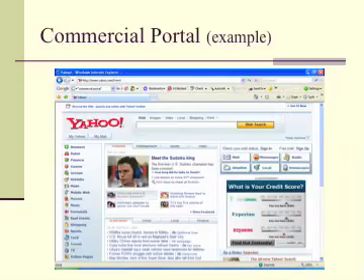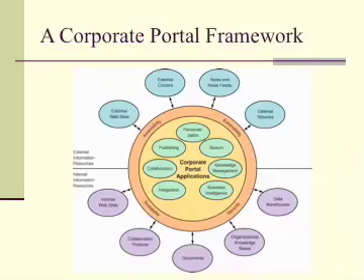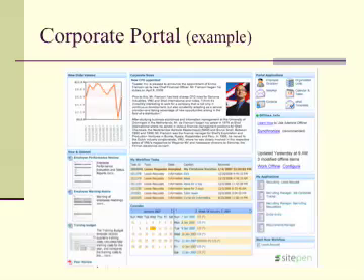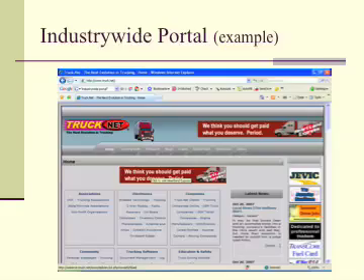This is an example of a commercial portal through Yahoo. No, it's not. That's a Yahoo search for a commercial portal. This is an example of a commercial portal, or one of many. There's lots of them, and most of you have probably seen one or may be familiar with it.